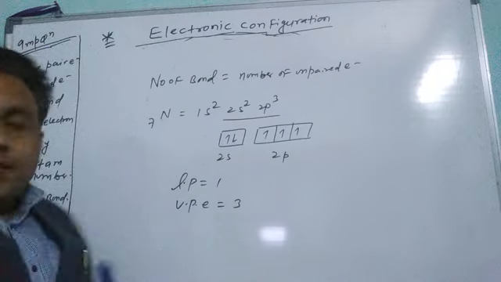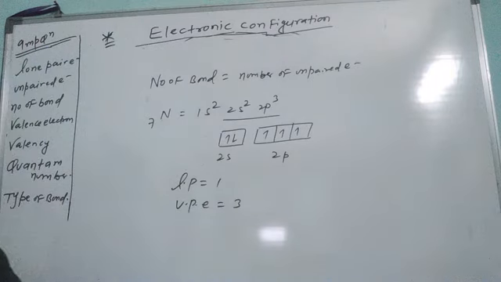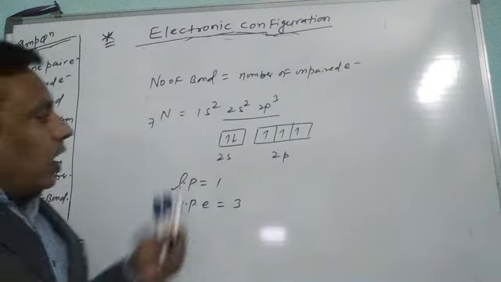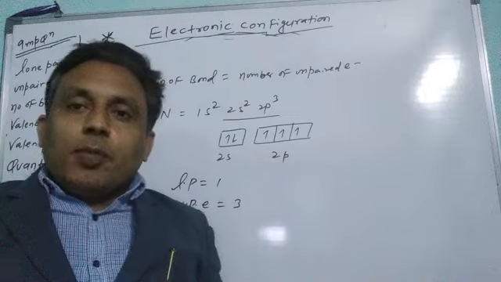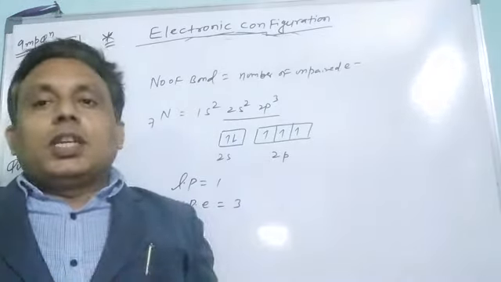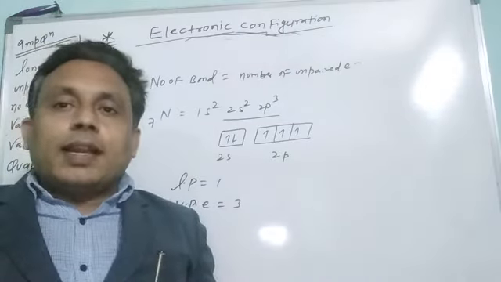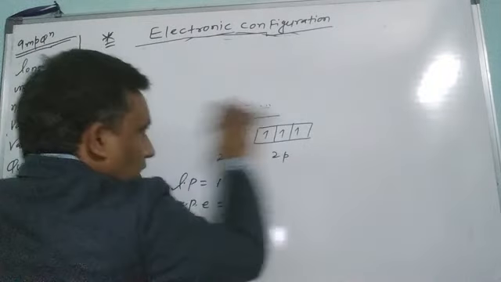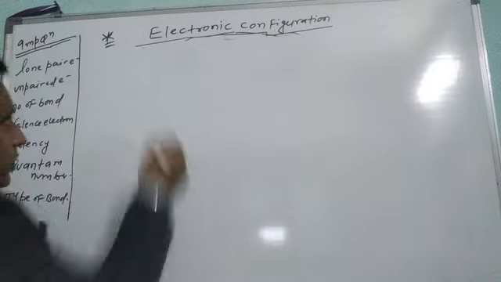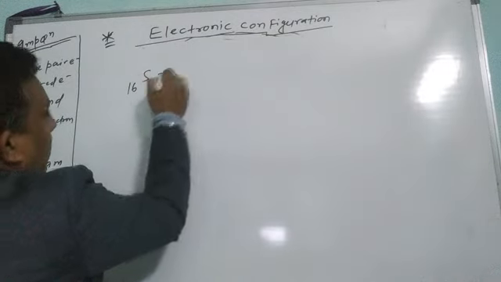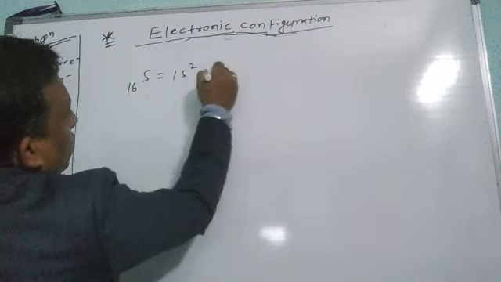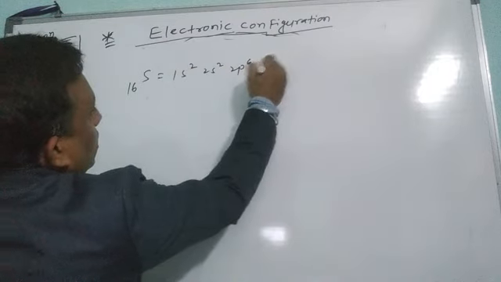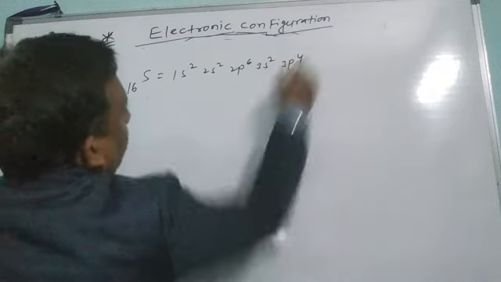Next question, suppose I am asking: how many lone pairs and how many unpaired electrons are there in a sulfur atom? So we solve sulfur. Atomic number of sulfur is 16: 1s2, 2s2, 2p6, 3s2, 3p4.